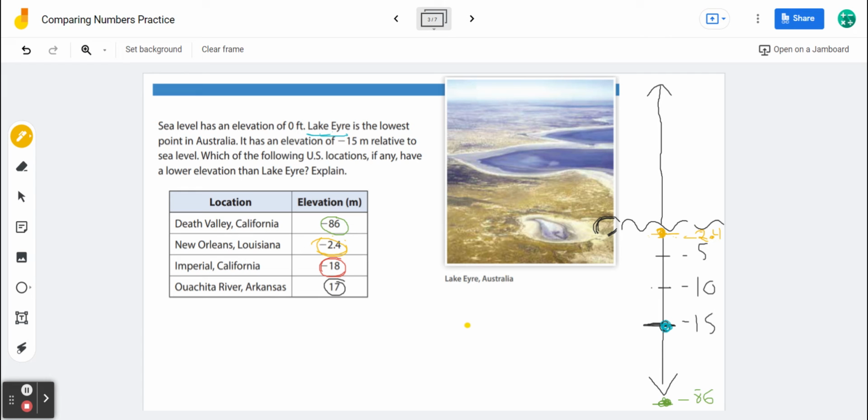Then I go down to the third one, Imperial, California. Imperial, California is negative 18. So negative 5, negative 10, negative 15, the numbers are getting larger as I go down because I'm getting deeper. Imperial, California would be right after negative 15. Negative 18 would be right there.